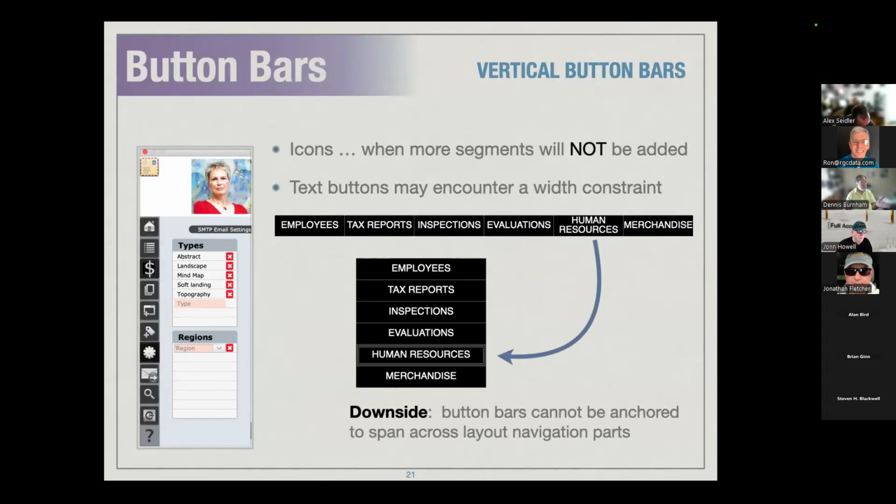In this example, I didn't want human resources to be 2 lines when all the others are 1 line, and extending it to allow human resources to be on the same line would have made the button bar too long to fit on the layout, or the text would have had to have been too small. So I made a vertical button bar instead. The only downside with the button bars is that they're stuck in the body part, or whatever part they're in. They don't span across multiple layout parts.